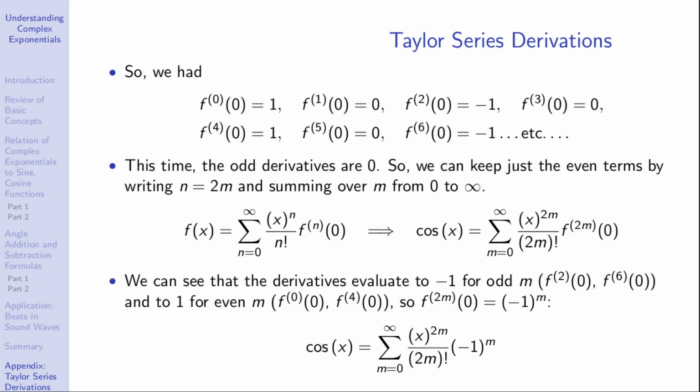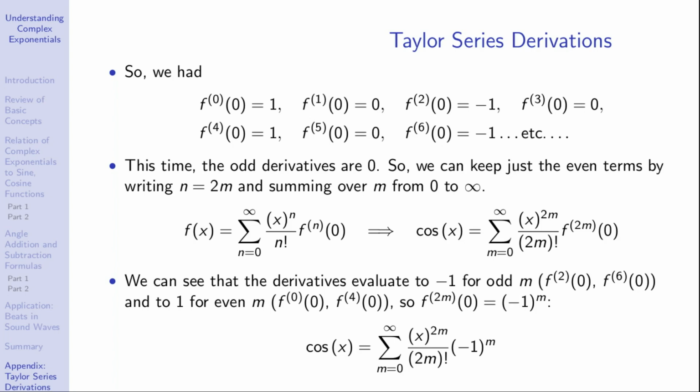Okay. So we had those values for the derivatives evaluated at 0. We can note that this time the odd derivatives are 0. So we can keep just the even terms by writing n as 2m and summing over m from 0 to infinity.